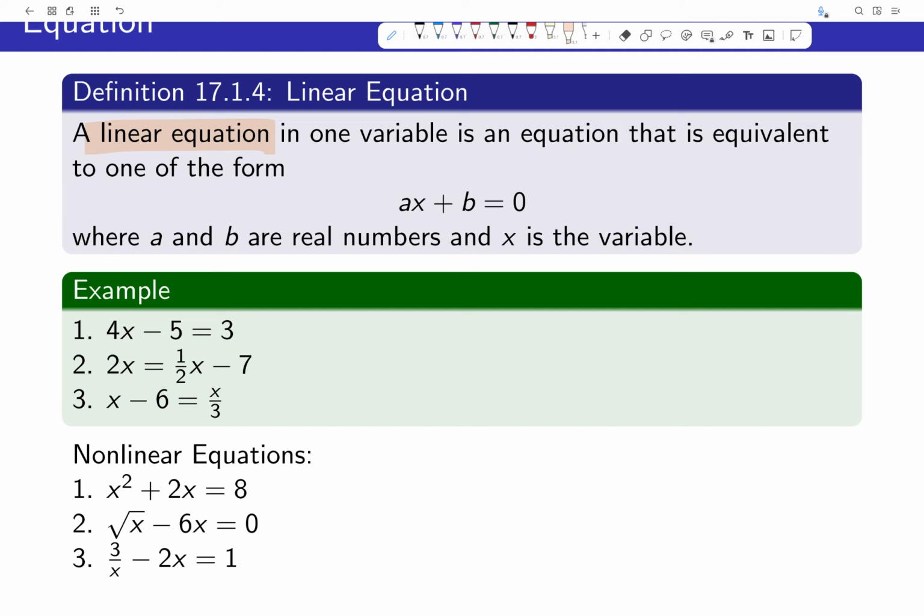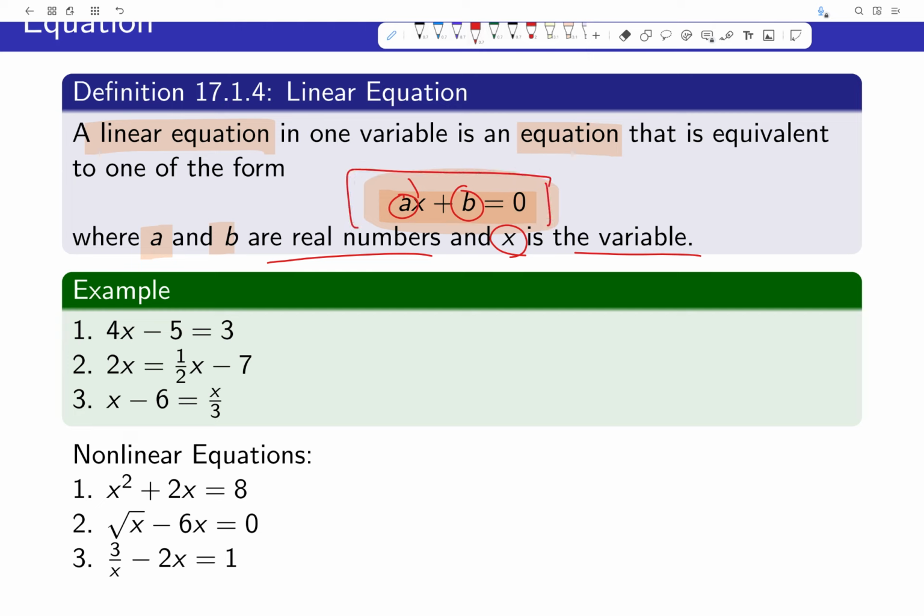A linear equation in one variable is an equation that is equivalent to one of the form ax plus b equals 0. If you can transform an equation into this form, then that equation will be called a linear equation, where a and b are real numbers and x is our variable.